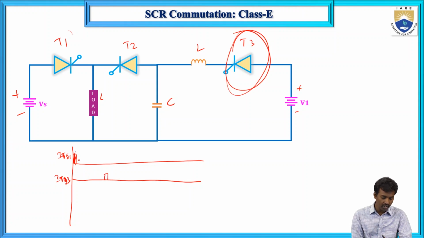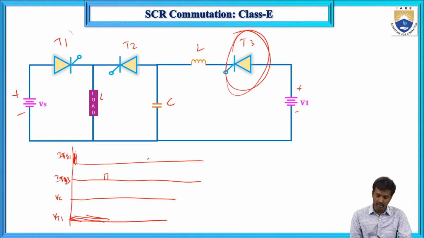So here when we are giving, the current equals this, the capacitor voltage equals this, and next this VT1 voltage. Now the capacitor is charging when T3 is on.